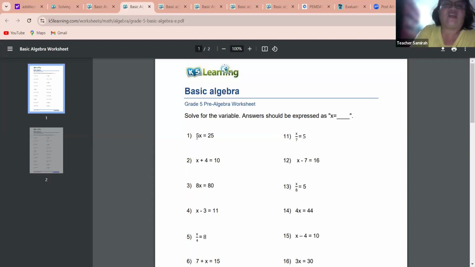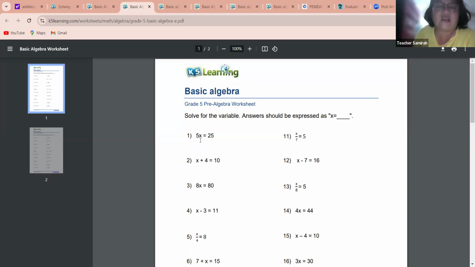As what we did earlier, we need to find the value of x, or we need to make sure that what will remain on the left side will only be x. So in order for the coefficient 5 to be removed, we need to divide 5x by 5 as well as 25 by 5.